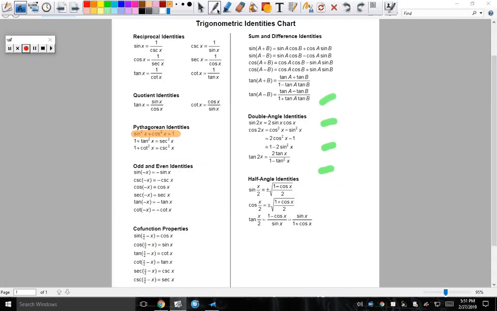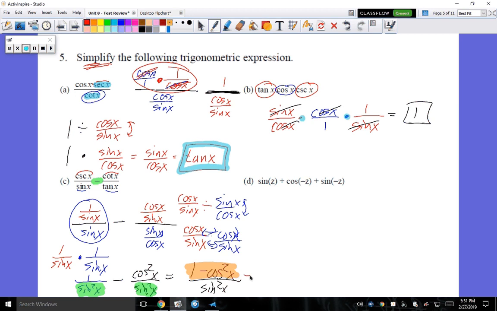Well, let's manipulate this by subtracting the cosine squared over to the right. That means sine squared is left on the right. So all this can now be replaced with sine squared. Okay? And yes, that common denominator that we got from before is still there. And those will cancel, reducing to another form of 1.